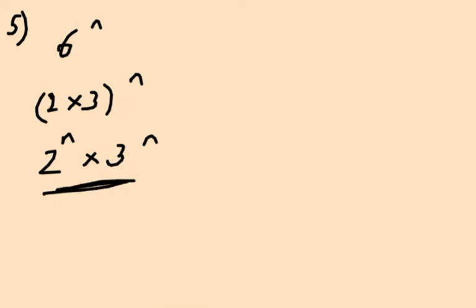For any number to end with 0, it should have 5 as its factor.